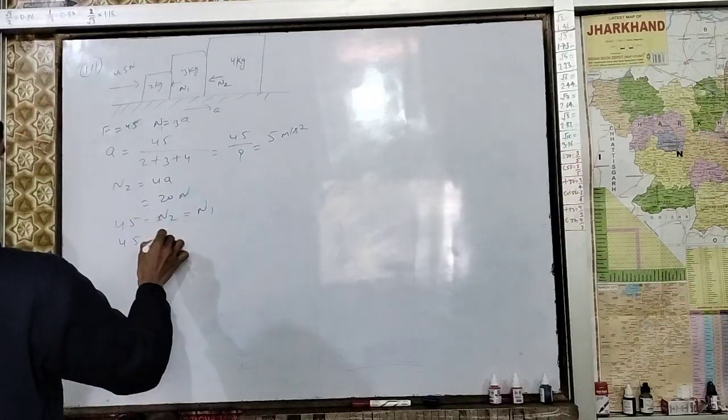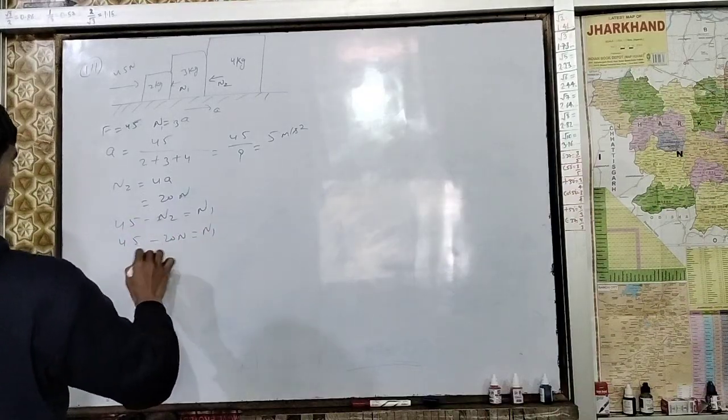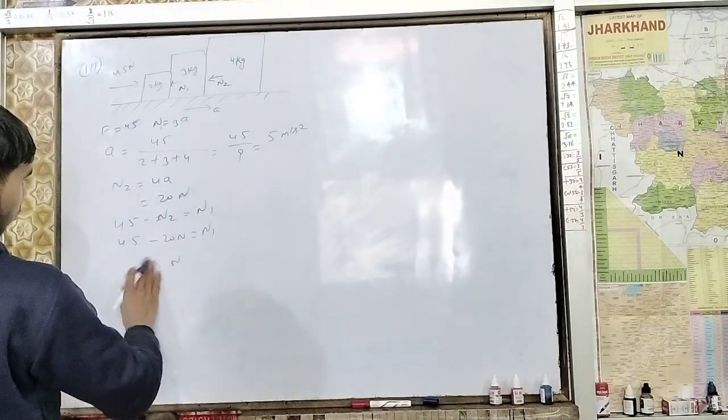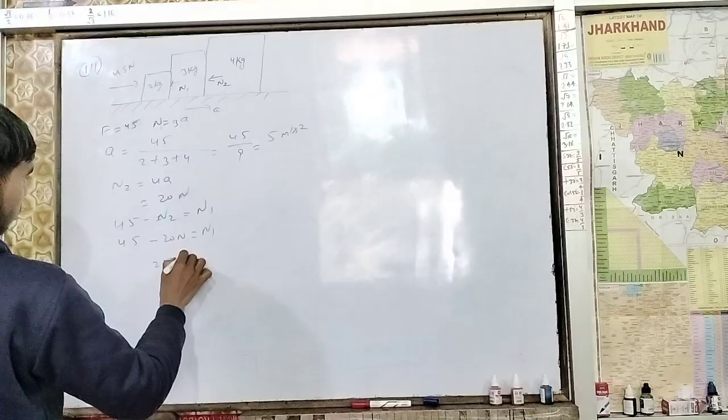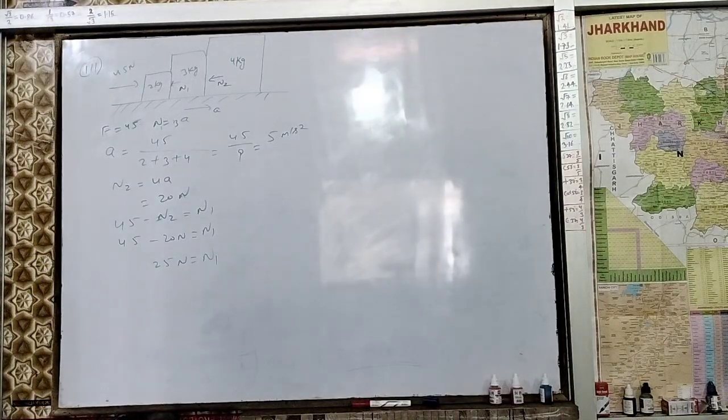So 45, N2 is 20 Newton, and N1 is coming out as 15 Newton, not 15 but 25. N1, is it correct? N1 is 35.